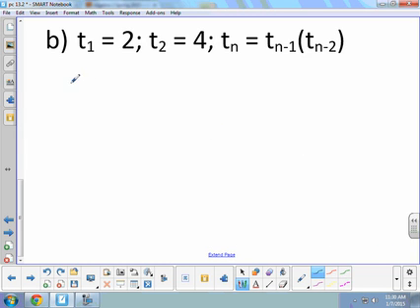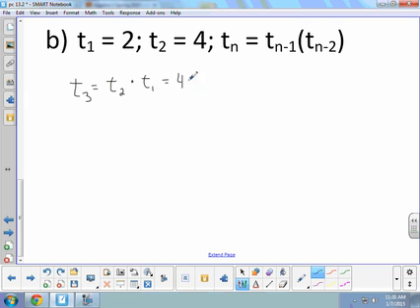So let's go ahead and figure out what t sub 3 would be. Well, that's going to be the preceding, n minus 1, which would be t sub 2, times t sub 1, because that's 2 spaces in front. Well, they gave us both of these pieces of information.